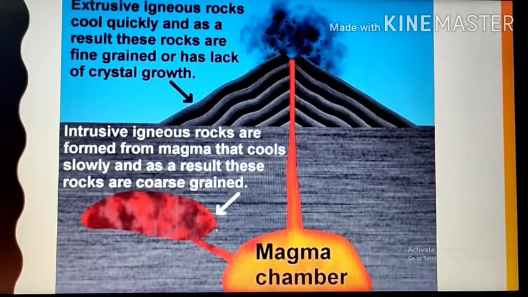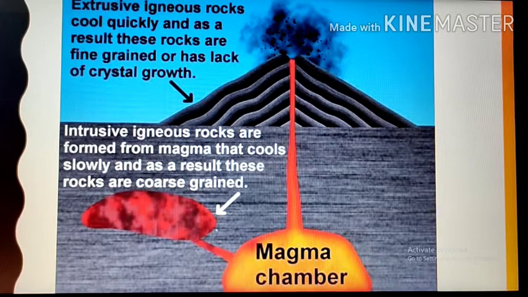When the molten magma cools, it becomes solid. Rocks thus formed are called igneous rocks. They are also called primary rocks. There are two types of igneous rocks, intrusive rocks and extrusive rocks. Lava is actually fiery red molten magma coming out from the interior of the earth on its surface.